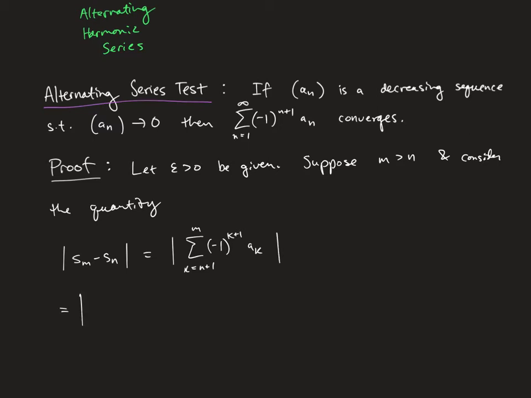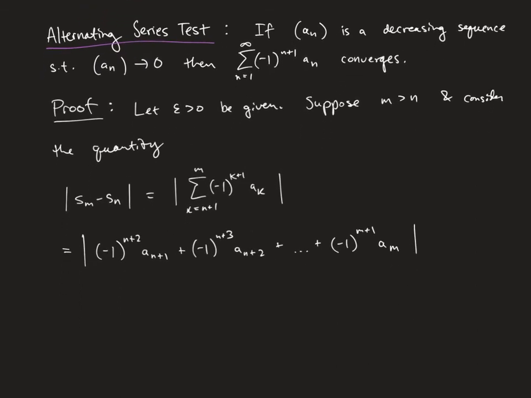This is (-1)^(n+2) a_(n+1), plus (-1)^(n+3) a_(n+2), plus, and so on, plus (-1)^(m+1) a_m.